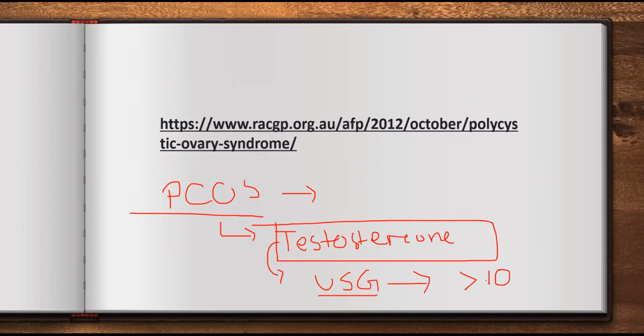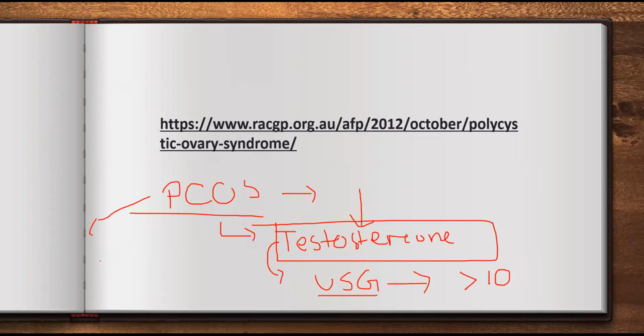No, at least more than 10 should be there. So if they ask about PCOS, always choose testosterone as the next or best investigation. If testosterone is not in the options, then an abdominal ultrasound or transvaginal ultrasound would be the best one.